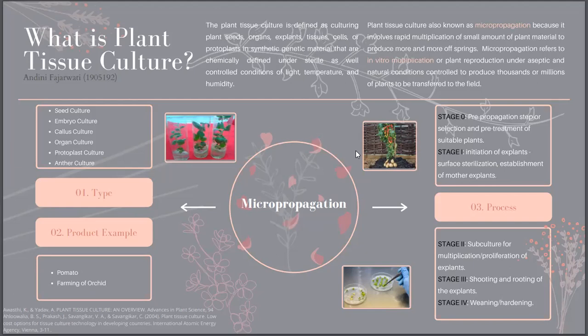It will produce a new individual from the parents, such as Pomato from potato and tomato. Like that. So yeah, I think that's all from me.